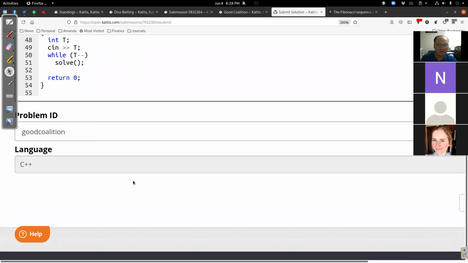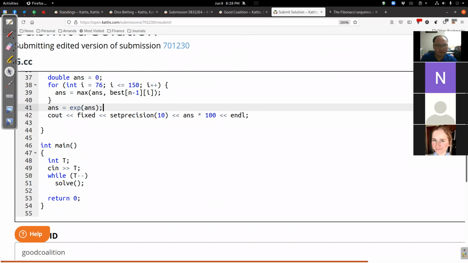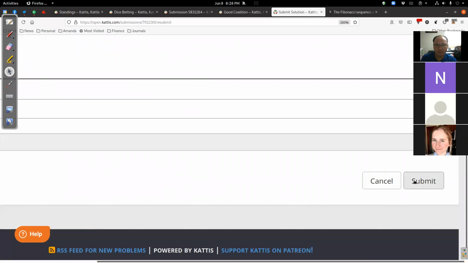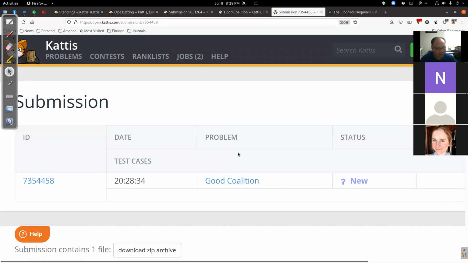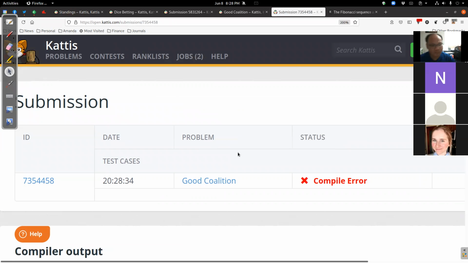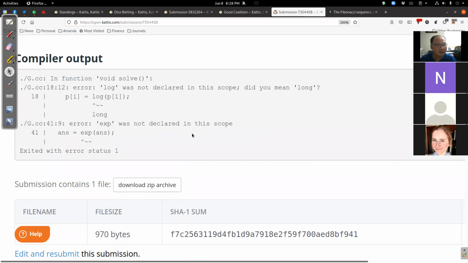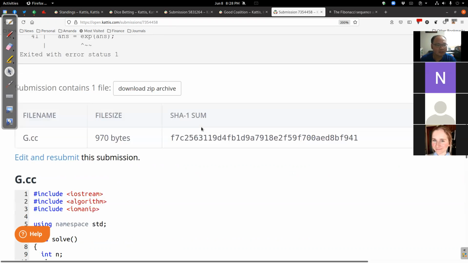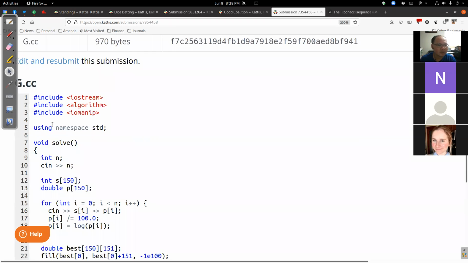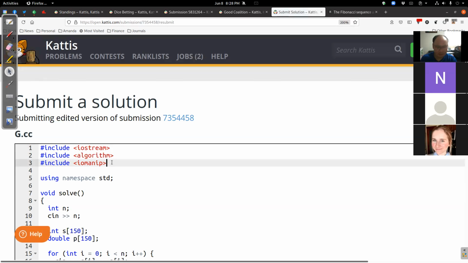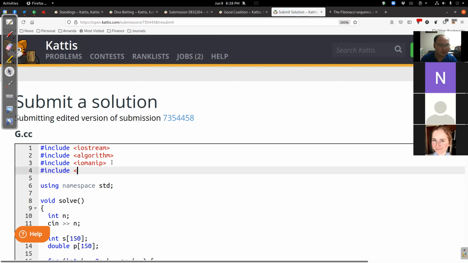So let's see if I haven't screwed up, which is actually entirely possible. It should still work. Power log was not declared. Oh, aha! I did not include CMath. This was done a while ago when I didn't just include everything. That would be the reason.